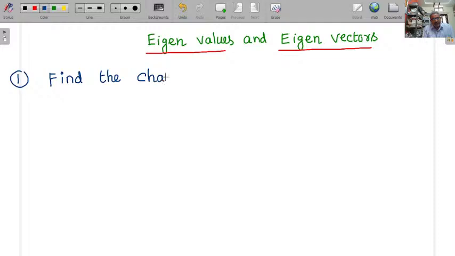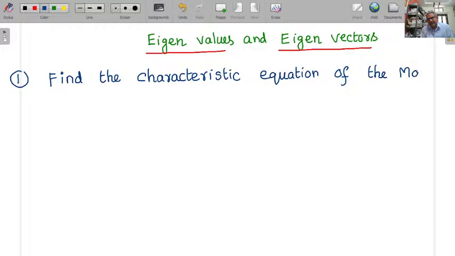Find the characteristic equation of the matrix A equals 2 2 1, 1 3 1, 1 2 2.